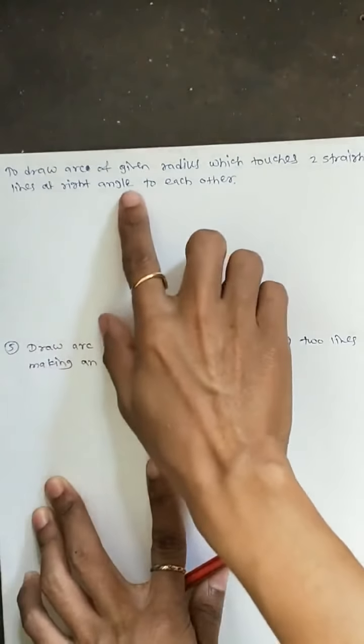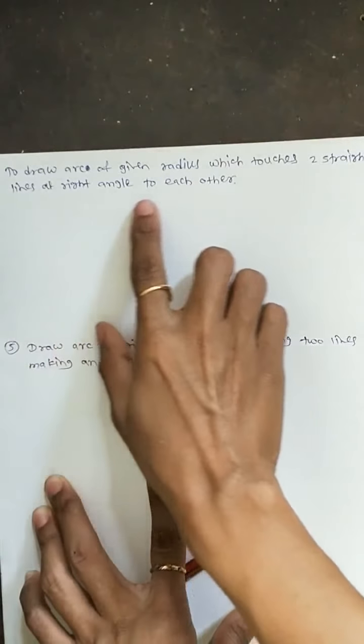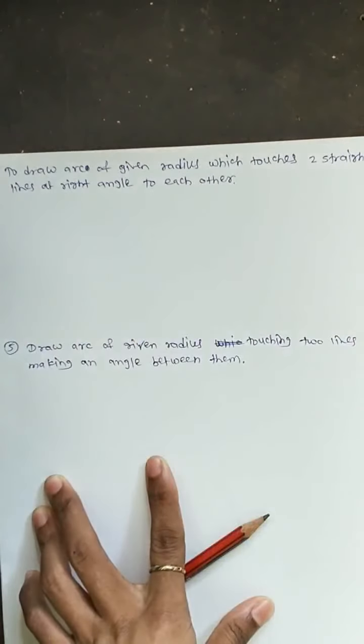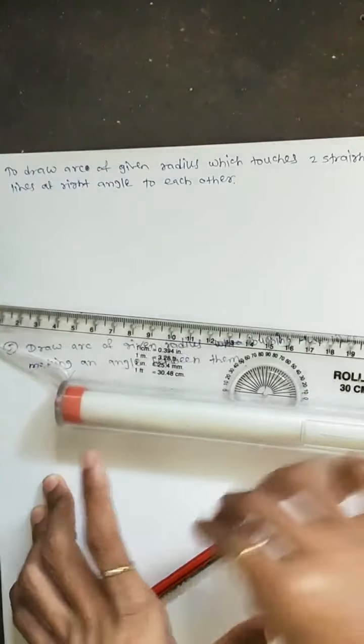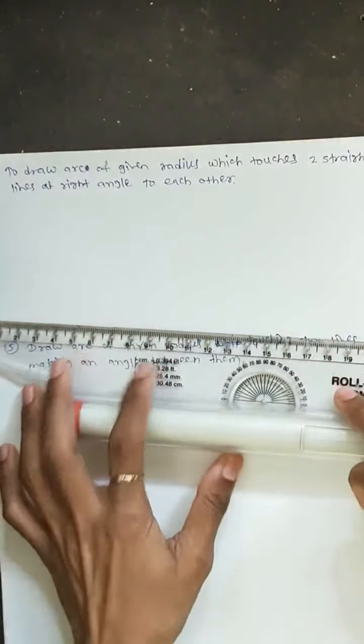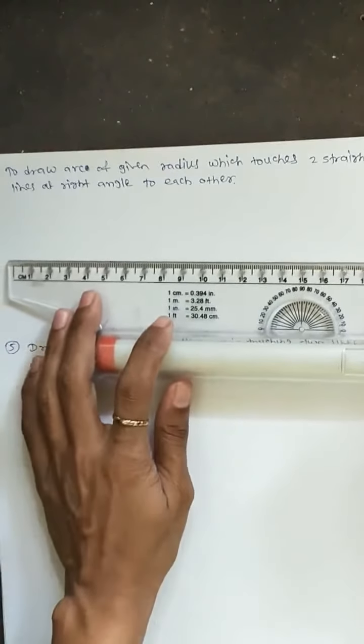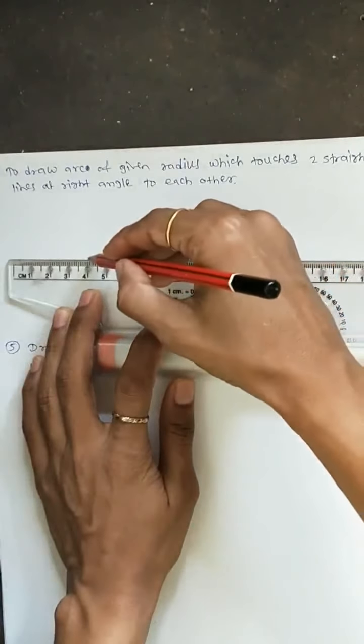To draw arc of given radius which touches two straight lines at right angles to each other. So first of all, draw straight lines which are right angles to each other.